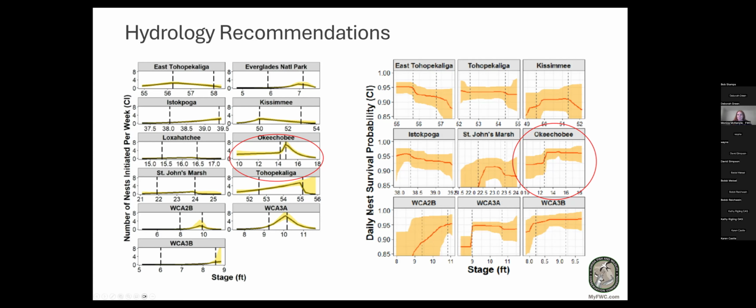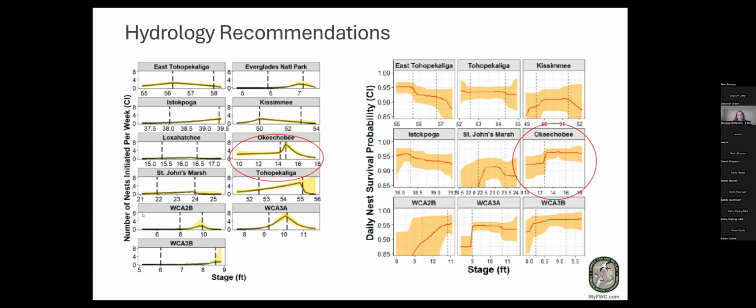So this graph on the left is the number of nests initiated per week based on the level of the lake stage. So the number of nests to be initiated when the conditions are favorable.